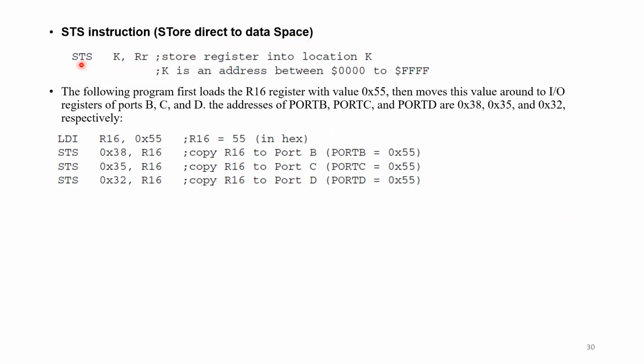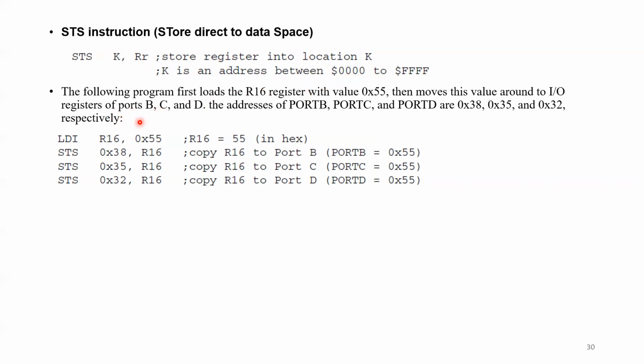The syntax of this instruction is STS K, Rr. Rr means store register into location K. So it's going to store the register Rr, a certain register of our microprocessor, in a certain location in our memory, where K is an address between 0000 and FFFF, any memory location in our RAM.